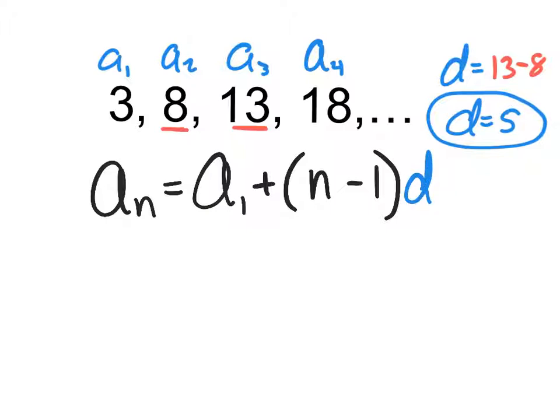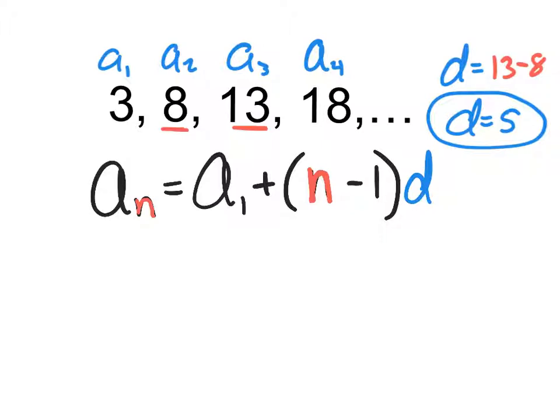Okay, that's your a sub nth rule. We have to have this memorized. I'm going to make that n red because over here the n is also going to be red because it's the same exact number.